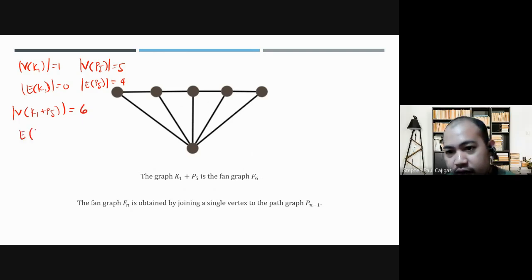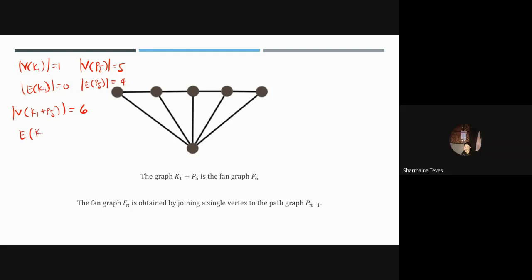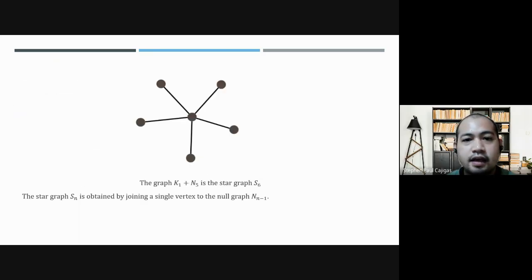Sige, hinod to. Sorry. Charmaine? Sir, 6 vertices nga 9 edges. 9 edges. Okay. And panlast, adihiya. So, vertex of K1 is 1. Then the vertices of N5 is 5.